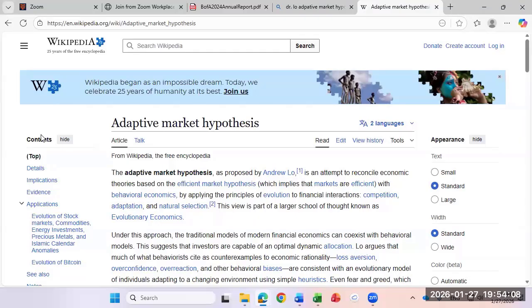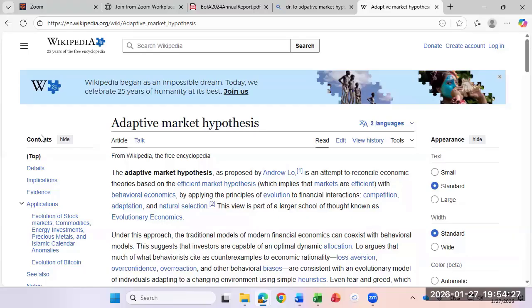He has this theory called the adaptive market hypothesis. He essentially says markets follow an evolutionary pattern, just like evolution in science teaches, but much more rapid. That we learn, we change, we adapt, and because of that, the future is different than the past.